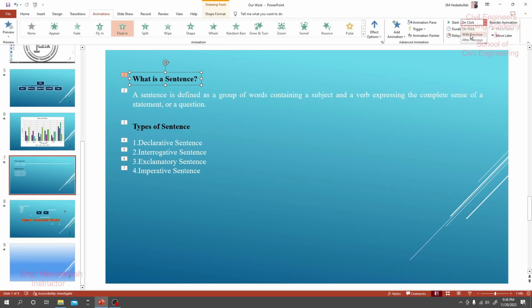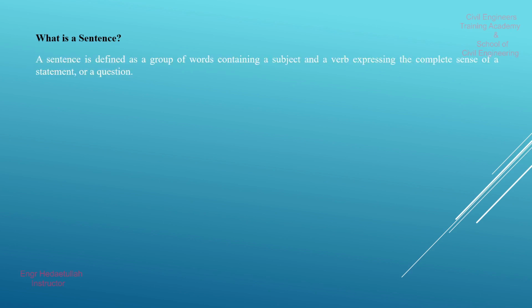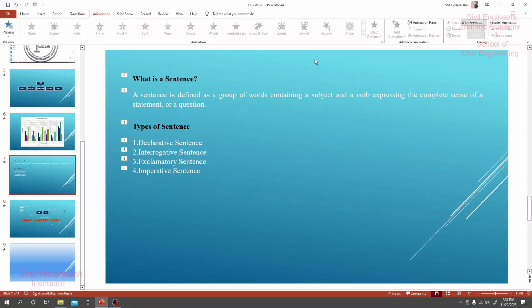If I choose With Previous and go to our animation, it's coming automatically without clicking anything, but the next text or next options are not coming. Then if we click enter, it's coming. If we click enter, it's coming. If we click enter, it's coming. Okay, so this is the way to make it.